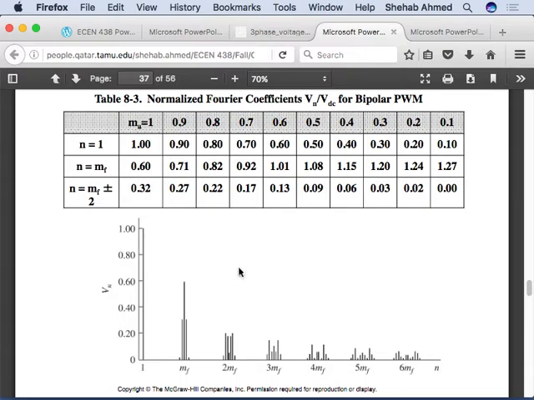The first harmonic in bipolar PWM is the switching frequency, MF. What other harmonic content is available? MF, and then MF plus or minus 2. So if you're switching at 10 times the fundamental, then you will have the 10th harmonic, which is MF, and you will have 12, and you will have 8.